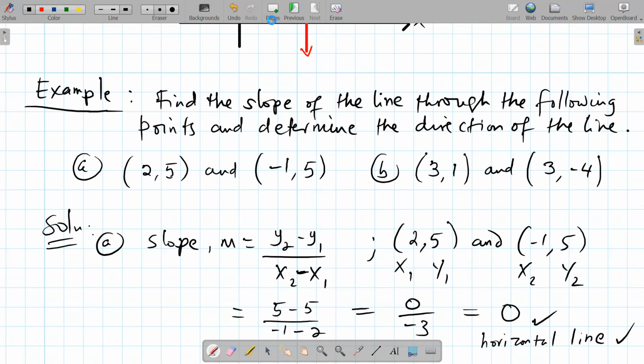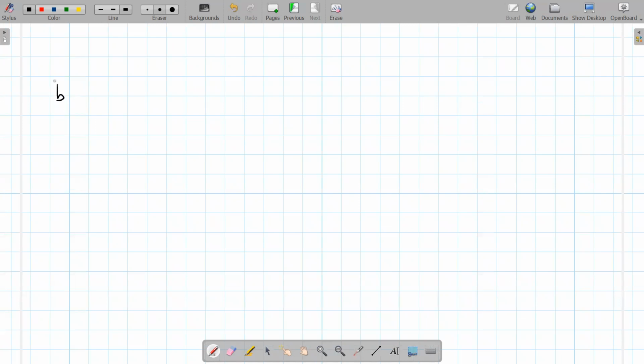Let's look at the B. The points (3,1) and (3,-4).